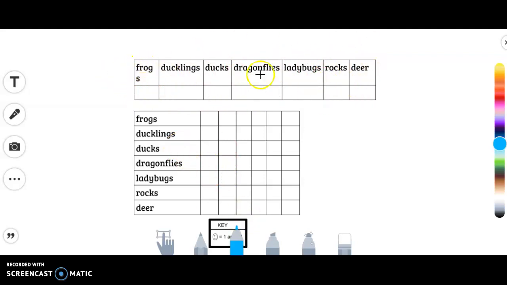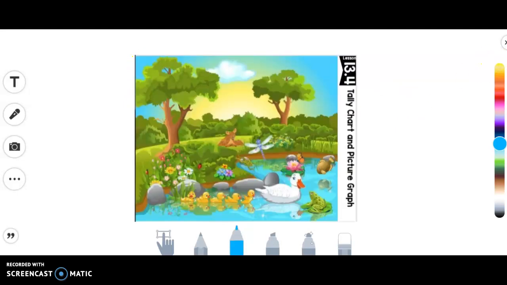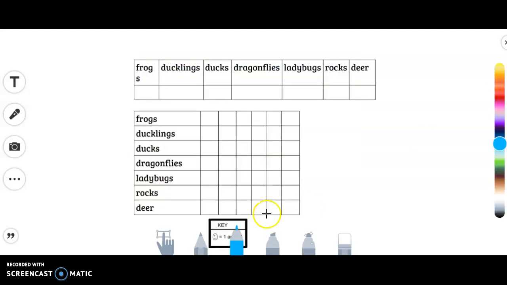So we're going to find how many frogs there are first. So we're going to go back to our picture. Think about how many frogs you see in the picture. I see 2. So I am going to tally 1, tally 2.